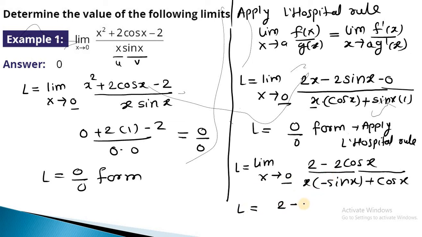So it is 2 minus 2 into cos 0, which is 1, divided by this term, one more term we are getting, plus derivative of cos x. Derivative of x is 1. So it is 2 cos x. But again here cos 0 is 1. So 2 minus 2, that is 0 by 2. So it is 0. And therefore value of limit is 0 and required answer is 0. So once we get a finite limit, we stop. This is our required value of limit.